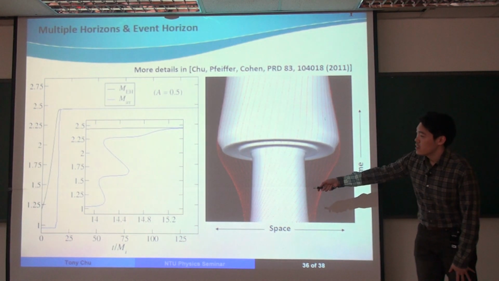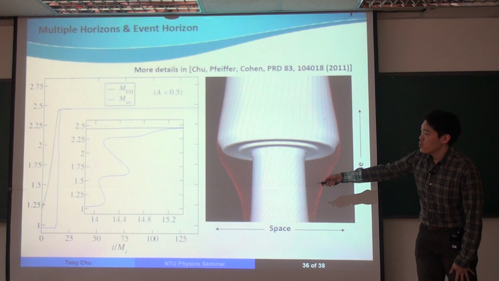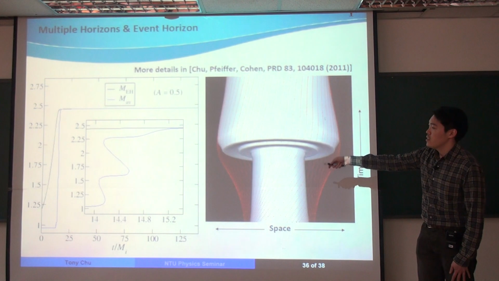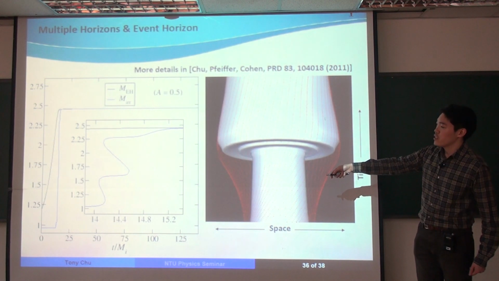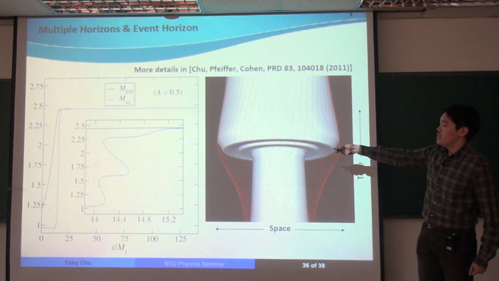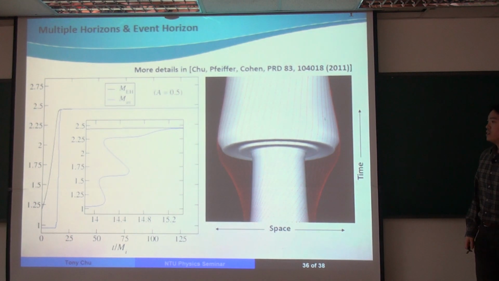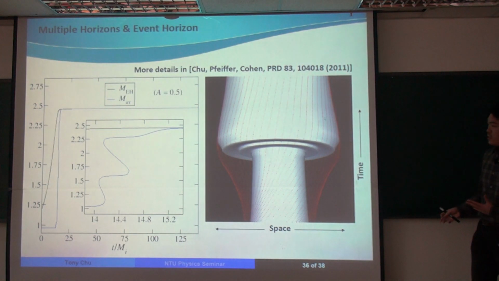You can see that for the quasi-local horizons, you have all this more interesting behavior, but for the event horizon, it just increases smoothly and then flattens out. And of course, there's only one event horizon at all times. So that's an illustration of how they can be quite different.